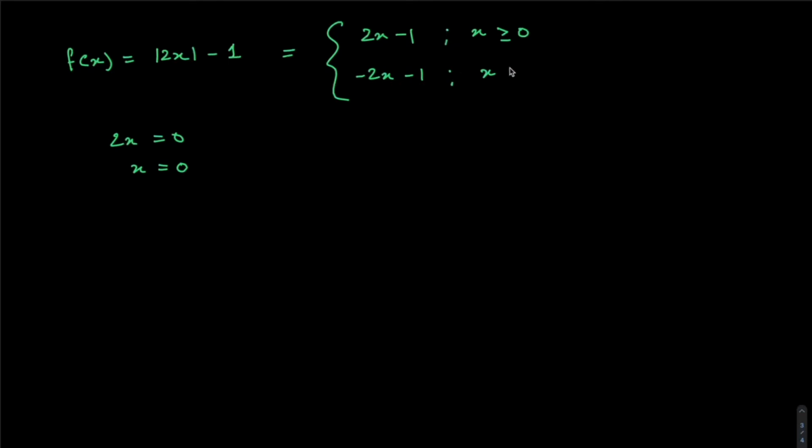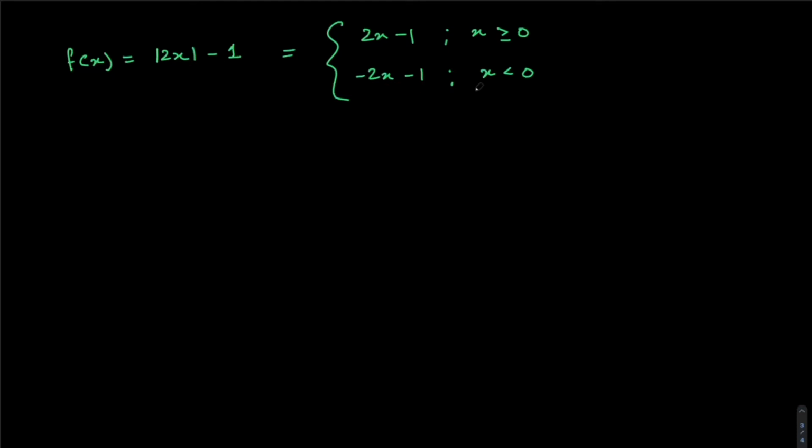When x is less than 0, I'm going to have the second function. Again, 2x is greater than or equal to 0, so x is greater than or equal to 0. That is the only reason for me doing that. Otherwise, I've done everything fine. So now these are my two piecewise functions.